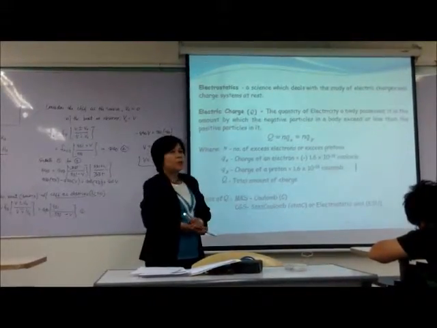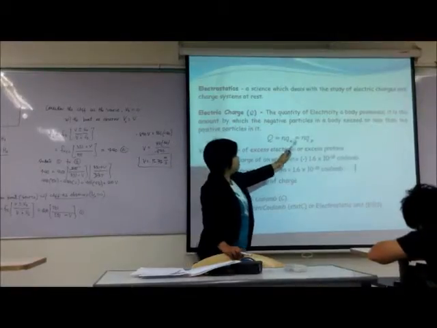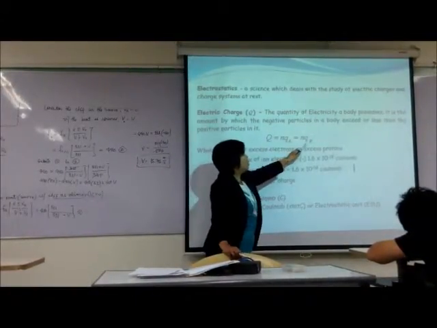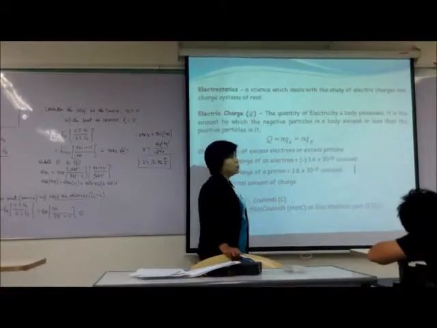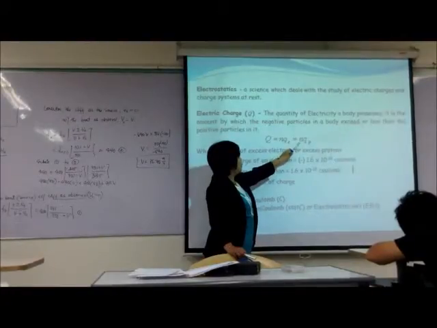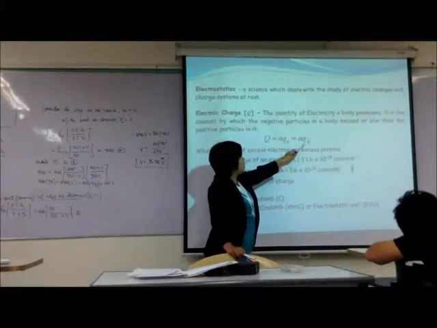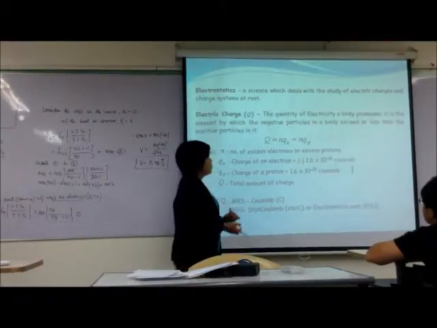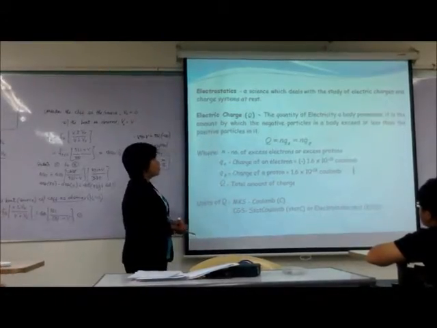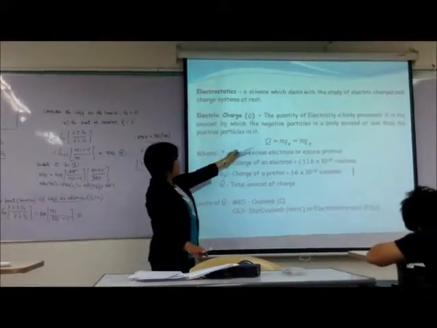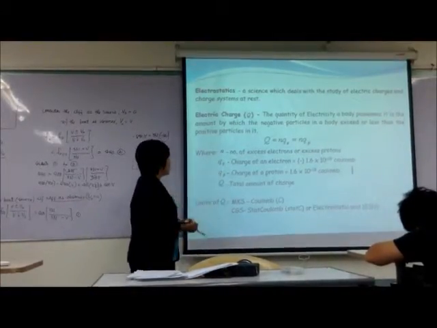And for the body that loses electrons, just get the number of electrons transferred, because that will be the unbalanced number of protons that the body possesses. So the number of protons exceeding in a body, multiplied by the charge of a proton, 1.6 times 10 raised to negative 19 coulomb, makes it positive. In the equation, Q will give you the total amount of charge.